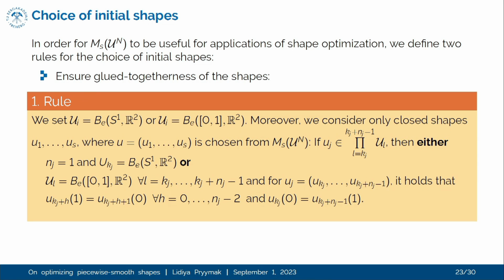So whenever we have some shape from U1 to US, some Uj, which is constructed as the product of multiple nj shapes, well, this is just an abstract rule. What this just means is that these pieces that we get from the individual shape spaces are glued together at their ends. So we get closed shapes.